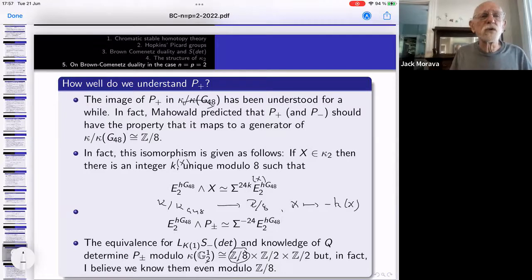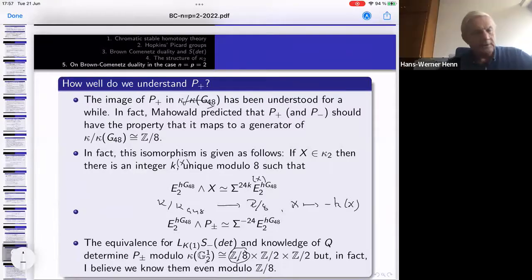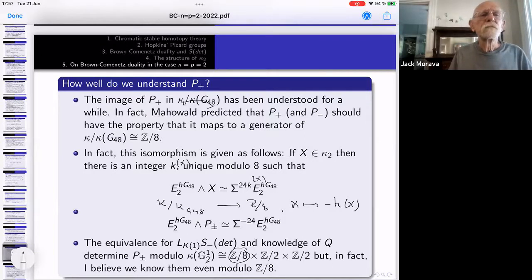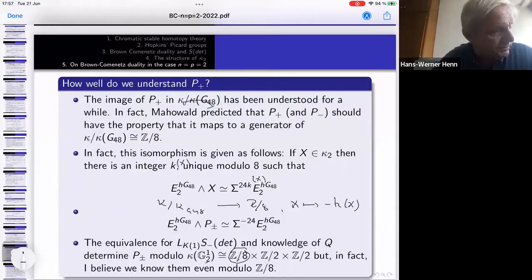It's in one of your earlier papers, we formulated it in the chromatic splitting conjecture paper. Yeah, it would be very nice to have a conceptual reason for that, which would then perhaps have a chance to generalize to higher height.